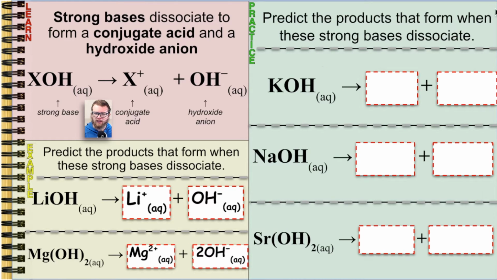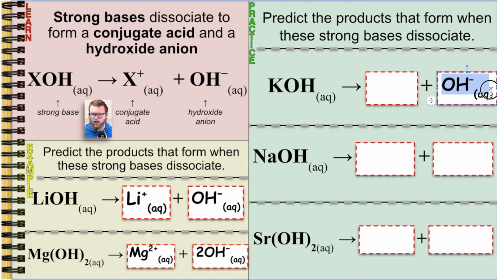So when we're predicting the products that form when these strong bases dissociate, we know that one of them is going to be OH minus, and that's going to be aqueous. And we have to make sure that it is subscript on the aqueous and superscript on the charge.